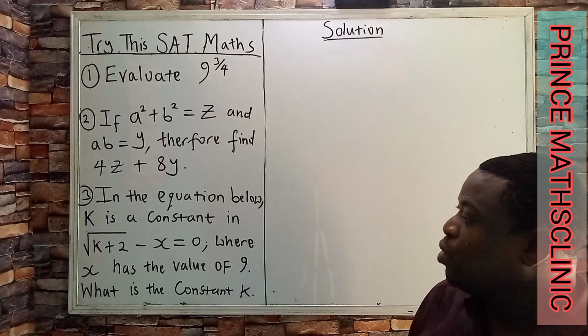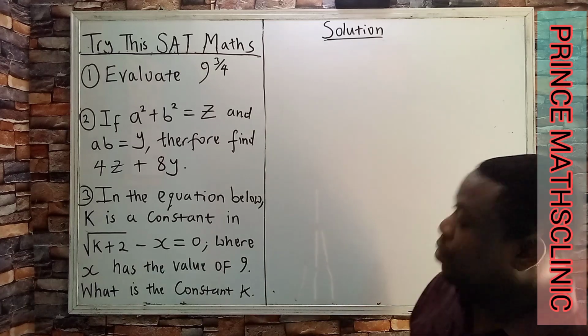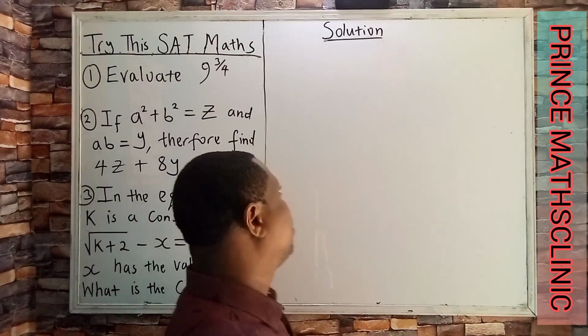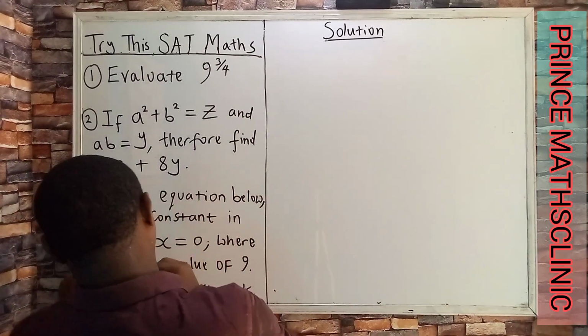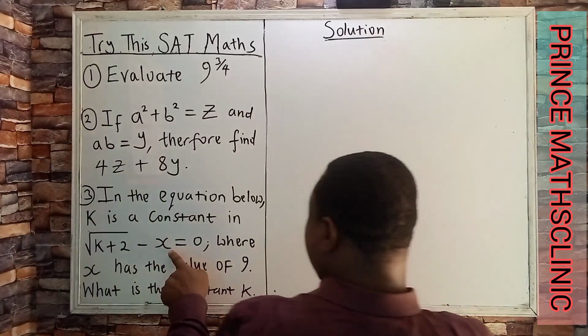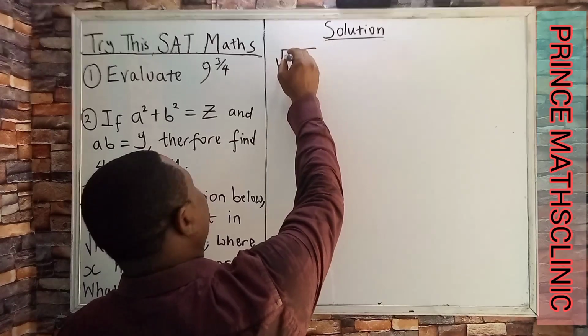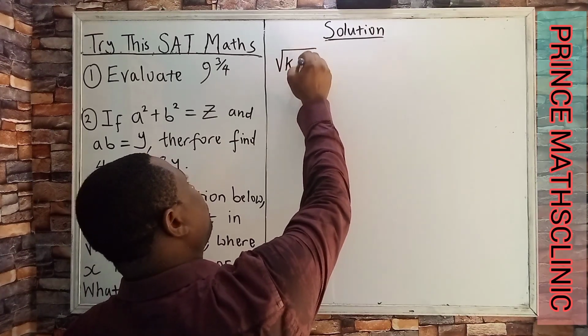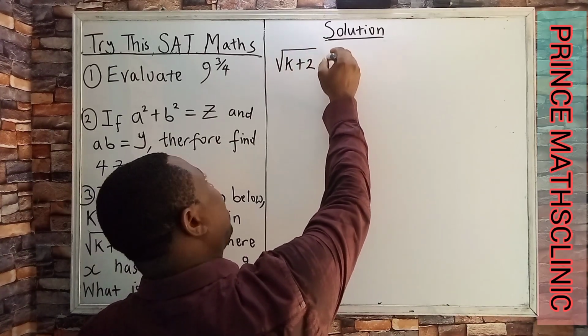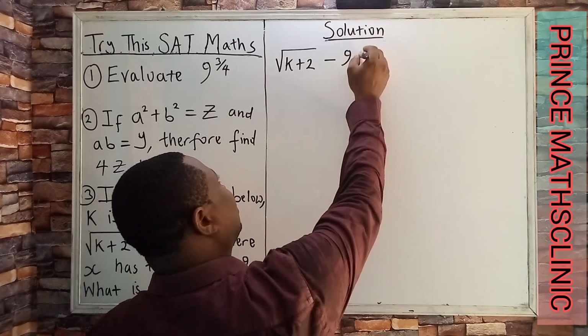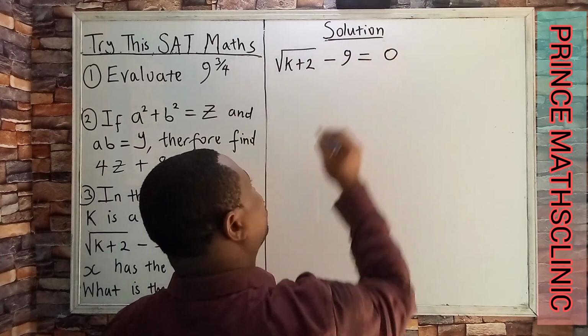So here is what we are going to do. Now I'm going to replace x here with 9. So I am going to say root of k plus 2, then minus 9 equal to 0.